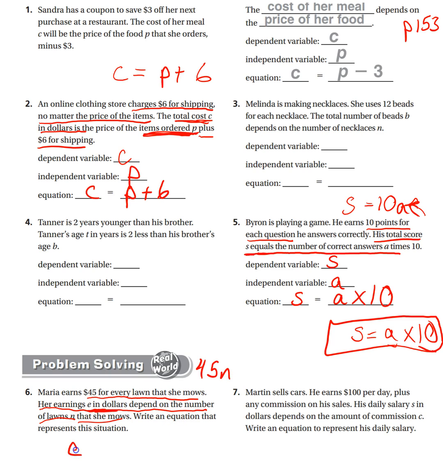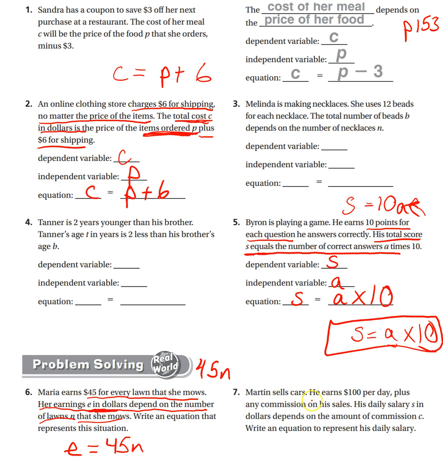Well, her earnings, how much she gets paid, equals she gets $45 times how many lawns she does. There's my equation. Done. And notice again, my dependent variable is by itself.